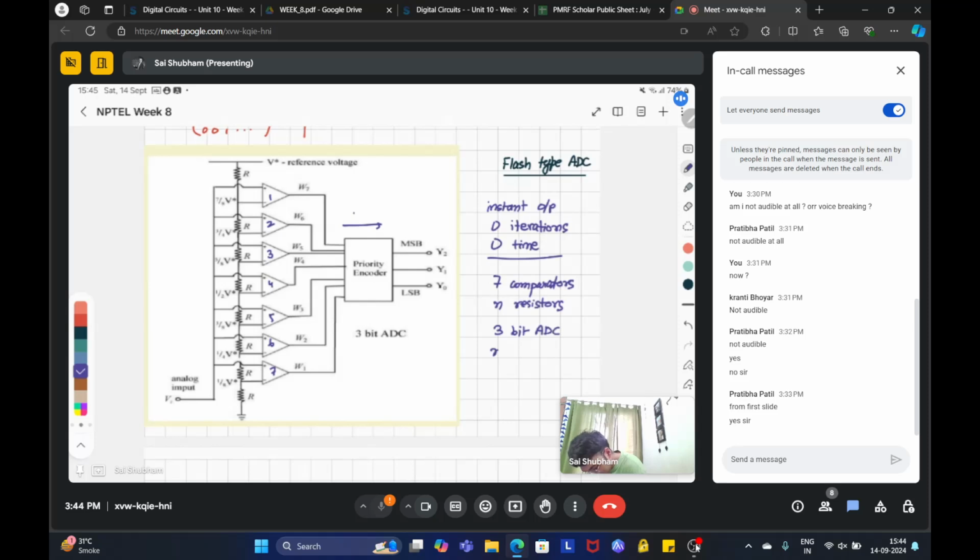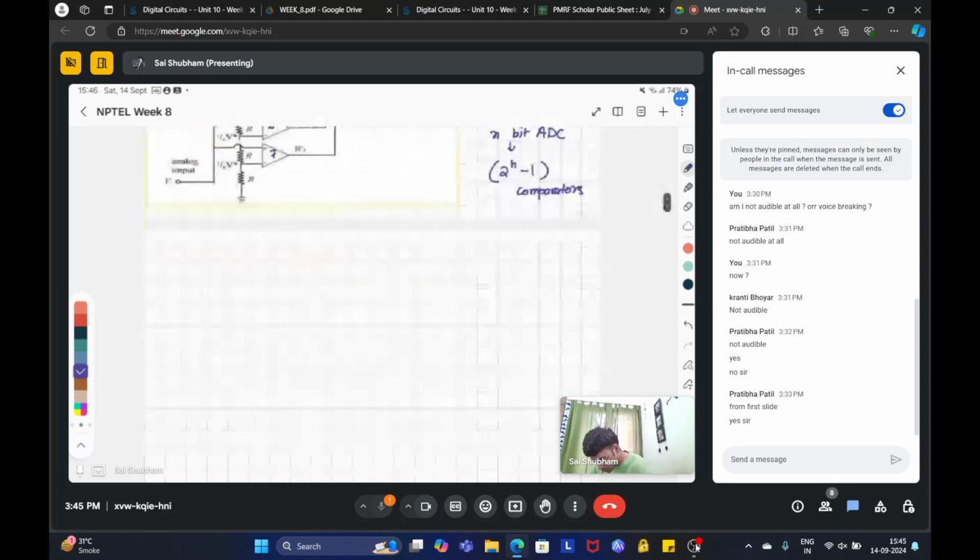So to make an n-bit ADC, how many comparators would you need? 2 power n minus 1? Not exactly. You will need 2 power n minus 1. You will need this many comparators, which is very huge. So for that reason, it is very expensive.